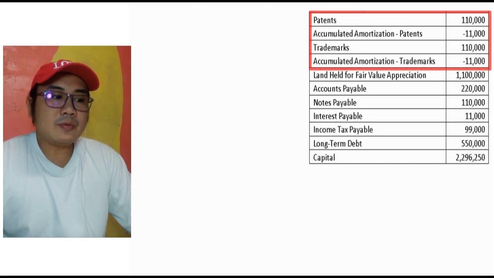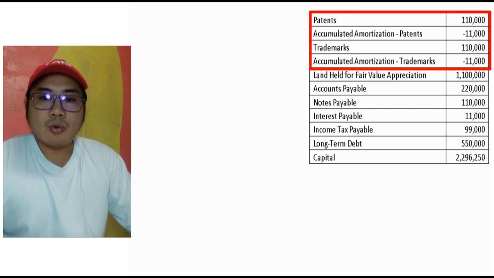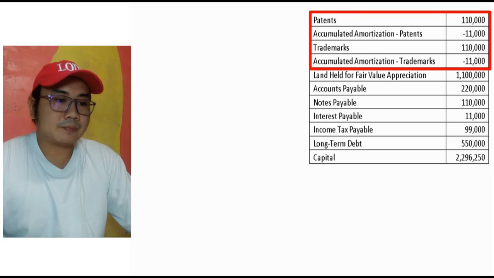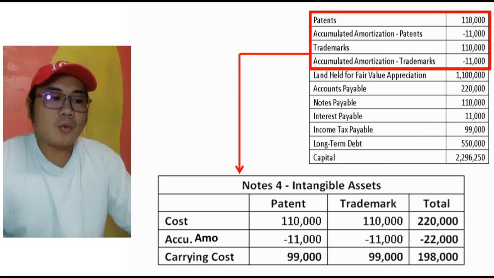These accounts can be written under Intangible Assets. Let us name it Notes 4. Under Notes 4, Intangible Assets have the following accounts. We have to consider the following computations. First, list all the costs of the intangible assets as follows. 110,000 for both patent and trademark.